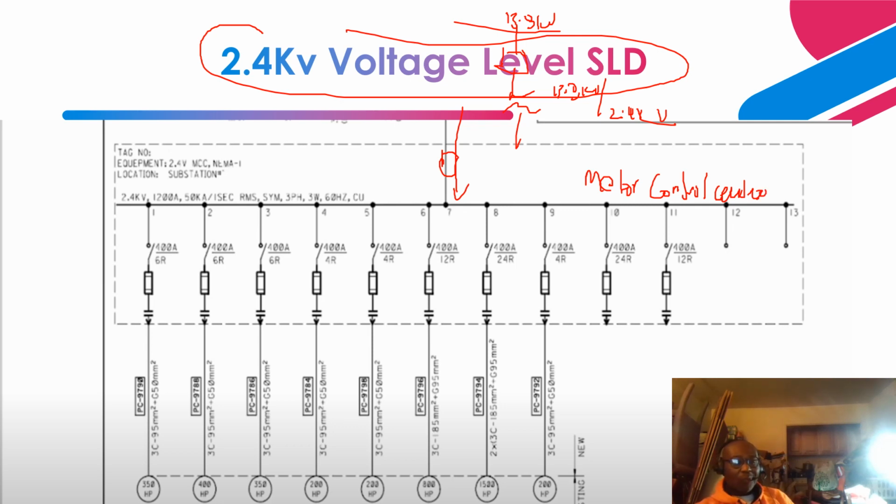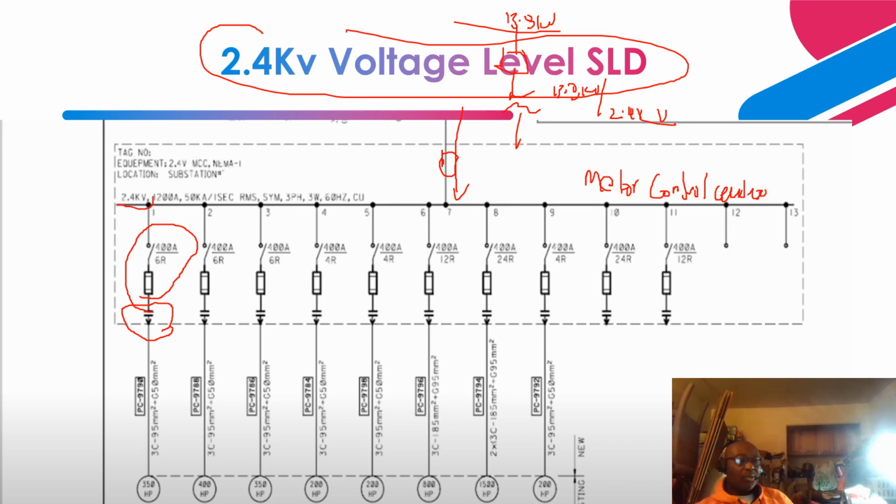As you can see over here, we don't have breakers. We have fused disconnect switches and also contactors. This is a contactor, and this is a fused disconnect switch. Then this is the bus rating.